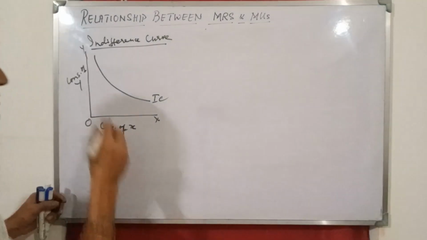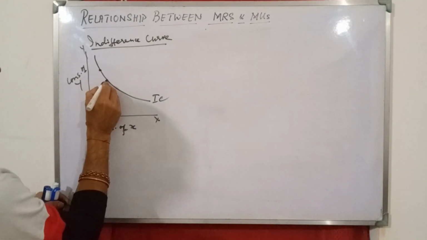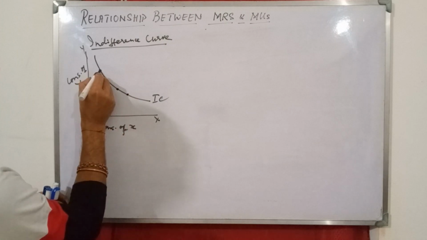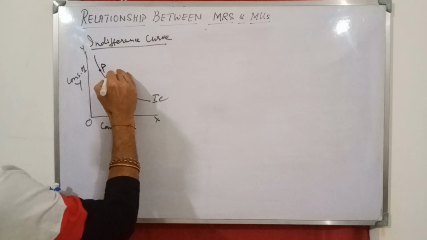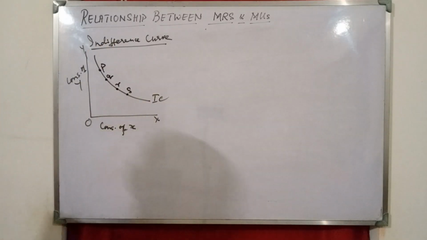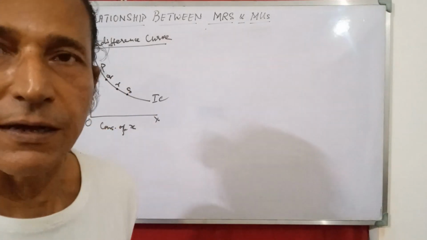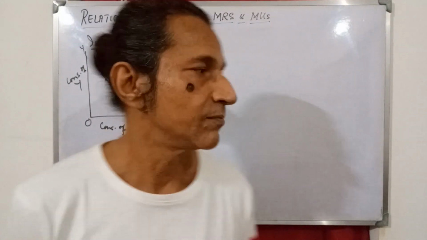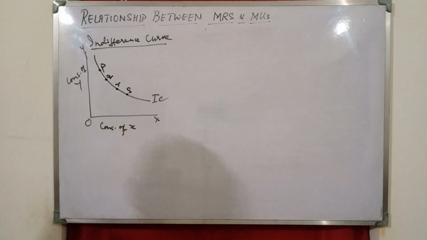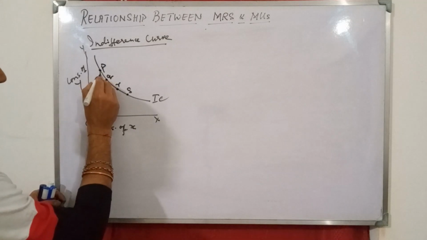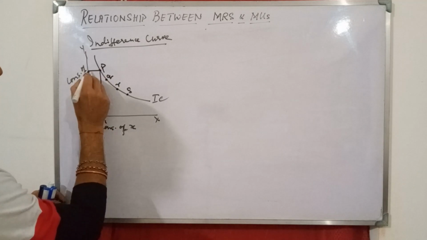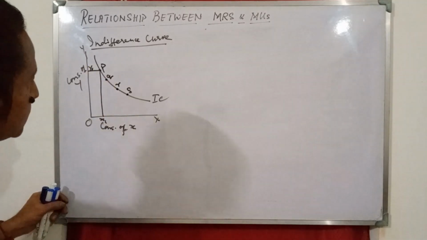We take 4 points, say P, Q, R and S. This is point P, this is point Q, this is point R, this is point S on the indifference curve. There are innumerable combinations of two commodities X and Y, but for simplicity we have taken only 4 points, that is 4 combinations. Now point P denotes, say, X1 units of X and Y1 units of Y.